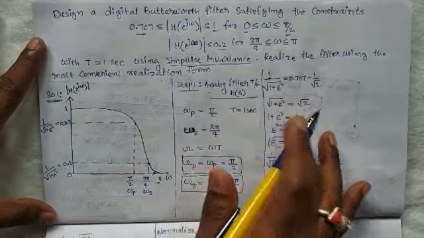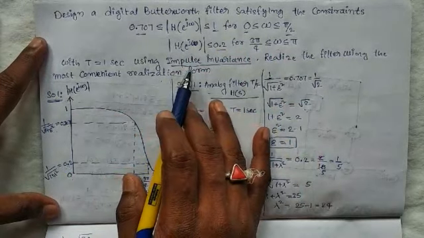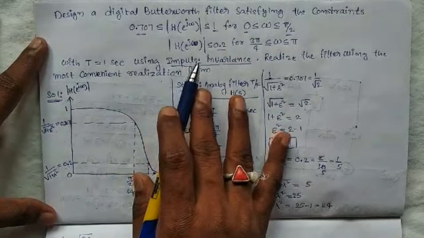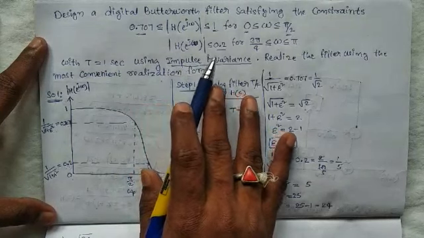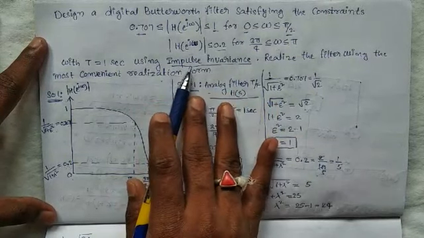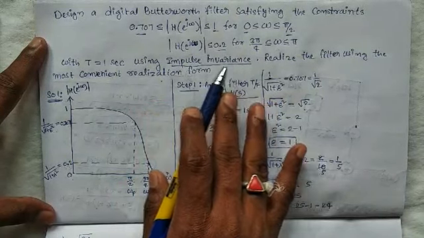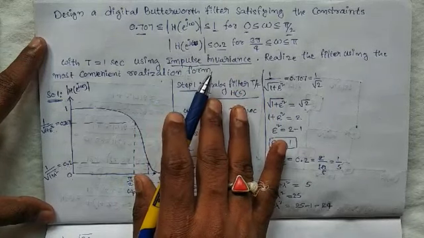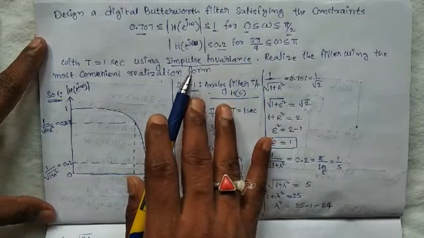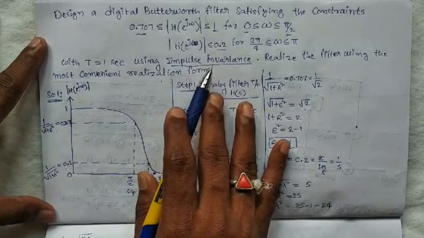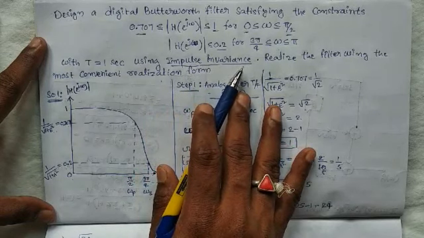Now we are determining H(z) of the digital Butterworth filter by using the impulse invariance method. What are the steps to design a digital Butterworth filter using the impulse invariance method?